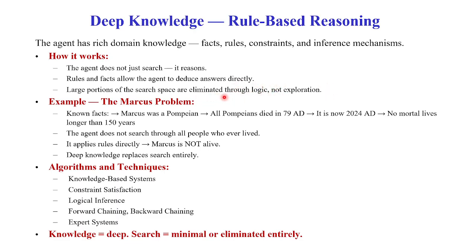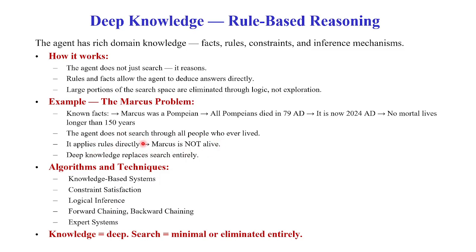Very important. We saw the example of Marcus. We'll see it again here, once again. So when we take the famous Marcus example, we have said the agent has the facts and rules and constraints and inference mechanisms. So what are the known facts? Marcus was a Pompeian. All Pompeians died in 79 AD. It is now 2024 AD. No mortal lives longer than 150 years.